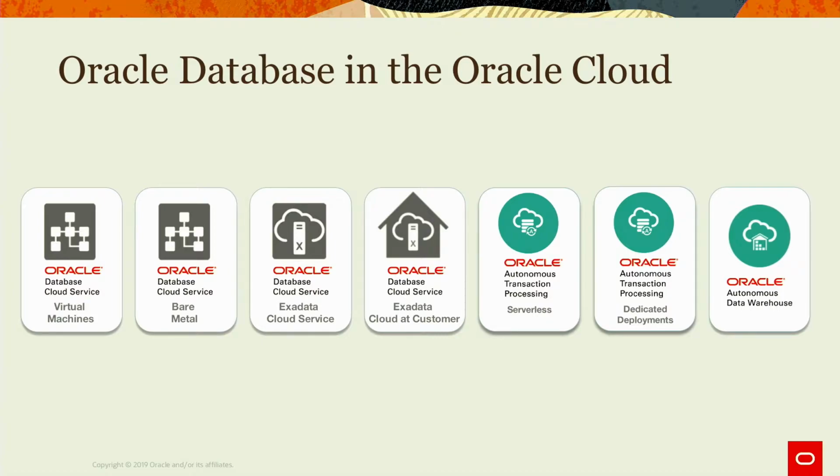Virtual machines is a service that allows you to run your database in a virtualized environment if you have a need for a less potent environment, and you just have specific needs that don't require dedicated hardware as such. Then we have bare metal, which is really important at Oracle because we are the only cloud provider that has dedicated hardware for running Oracle databases.